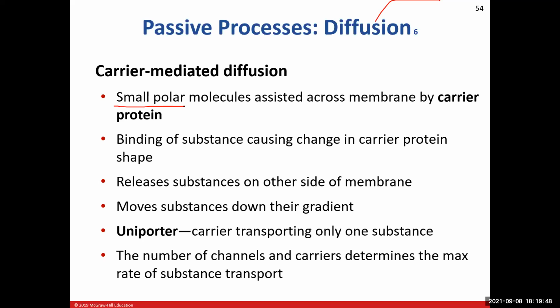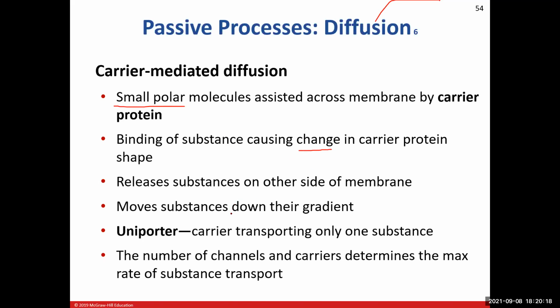So the glucose is going to come floating along, and there's a receptor on this carrier protein. And so the glucose will bind on to that carrier protein, and that will cause the carrier protein to change shape. And that shape change allows that glucose molecule to go from the outside of the cell to the inside of the cell. And that's essentially how it does it.